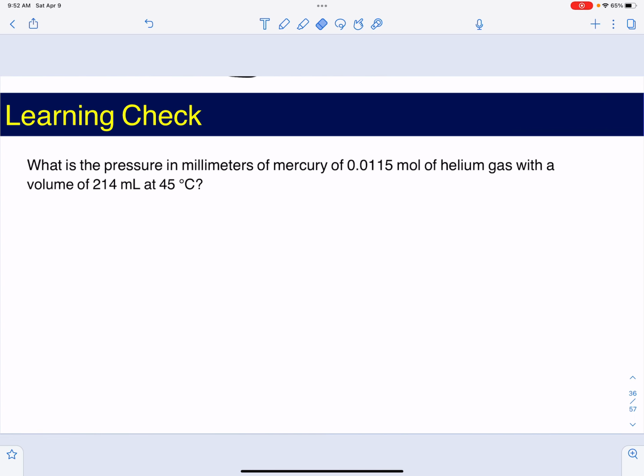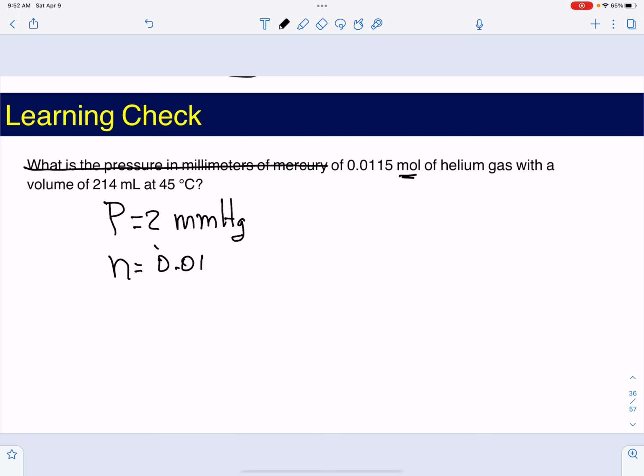What is the pressure? Remember there's no P1 or P2, so we're just looking for the pressure. What is the pressure in millimeters of mercury? The amount equals 0.0115 moles of helium.